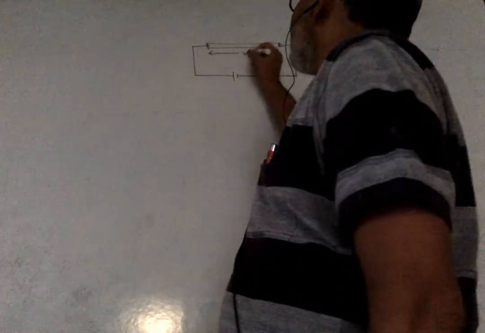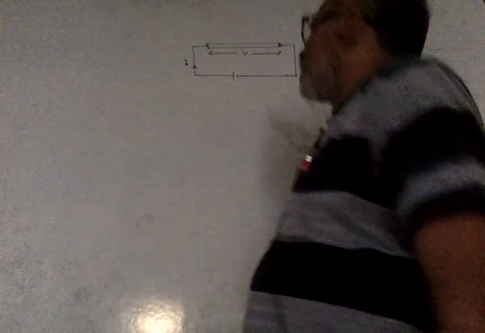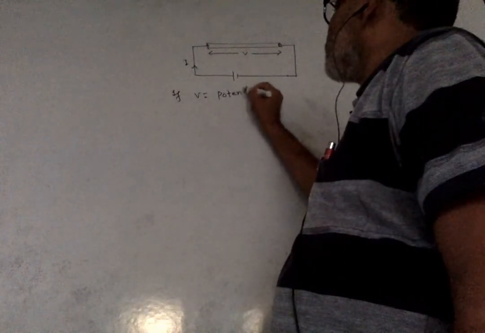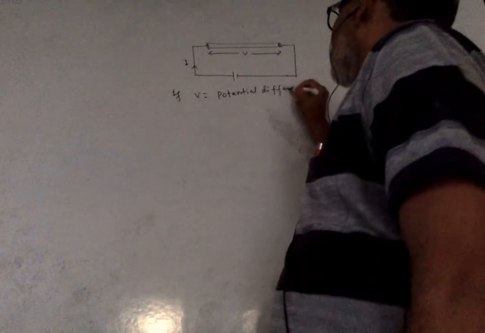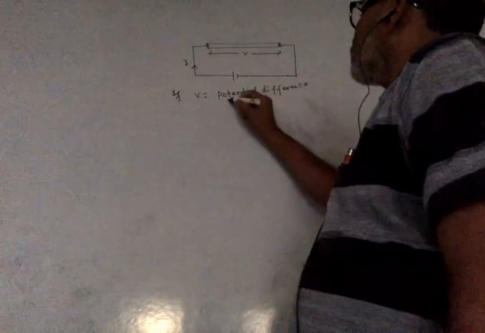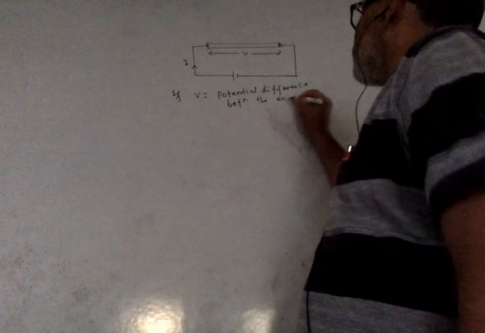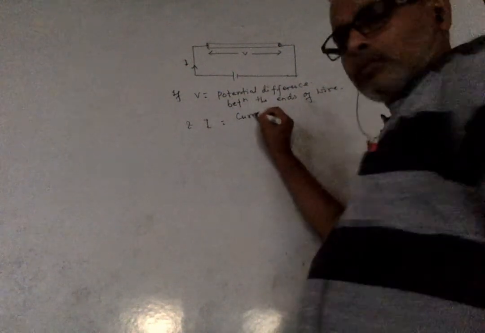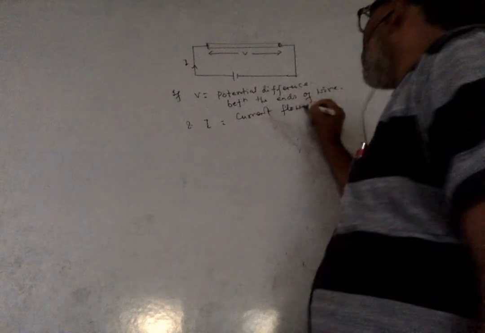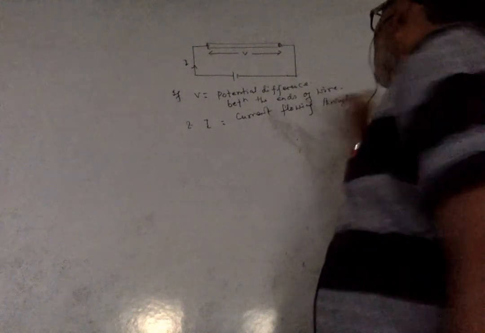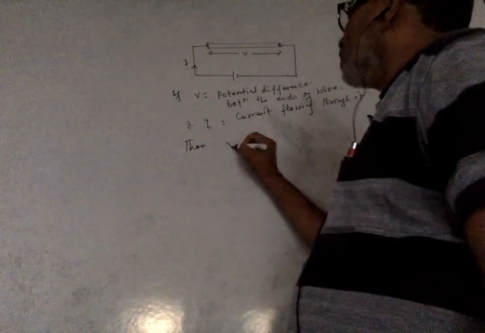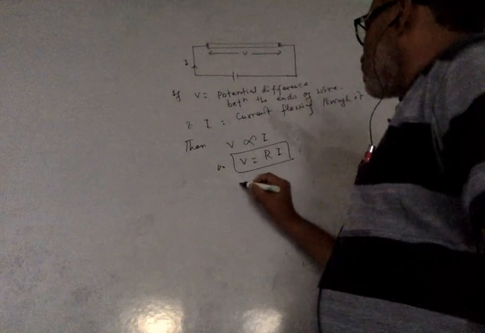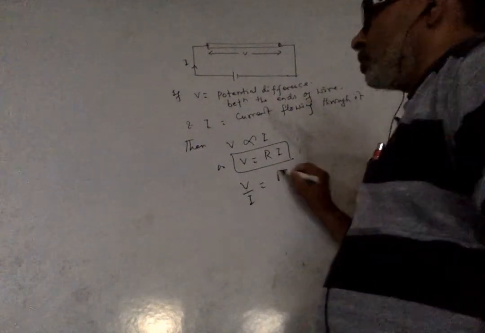If V is the potential difference between the ends of a wire and I is the current flowing through it, then V is proportional to I or V equals IR, where R is a constant, which is called resistance.